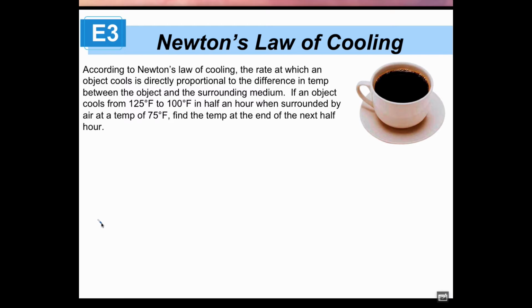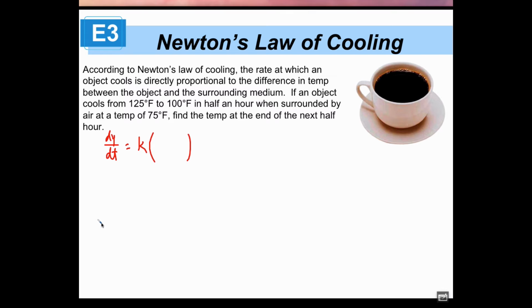Let me look at my variables here. I use y in this case. So dy/dt, where y represents the temperature, is directly proportional to the difference. So directly proportional means we have a proportionality constant. And what's a difference? It wasn't a trick question.